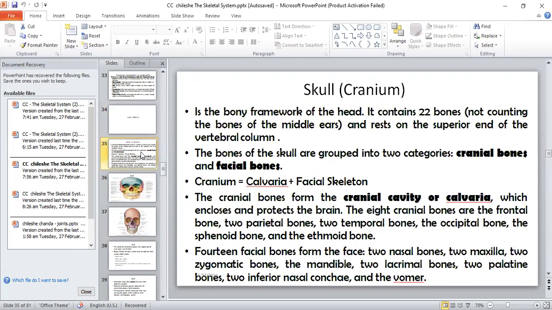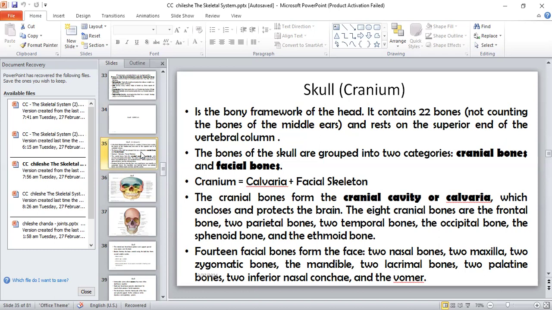We said that the axioskeleton is composed of those bones that protect the major organs of the body, such as the brain, the spinal cord, the heart, the lungs. That part of the skeleton is what forms the axioskeleton of this human being.